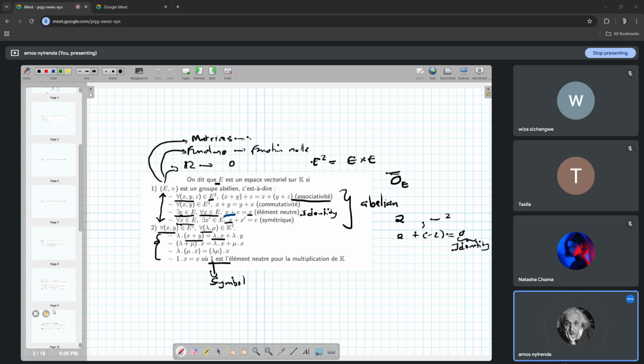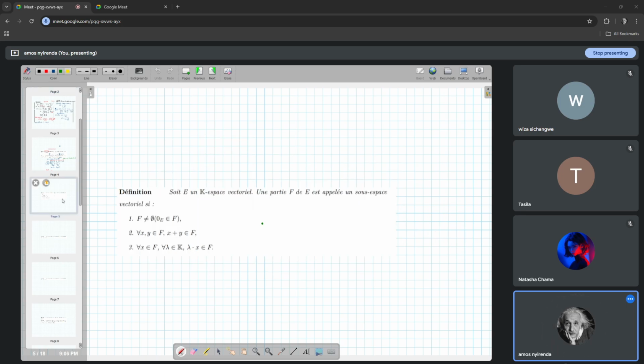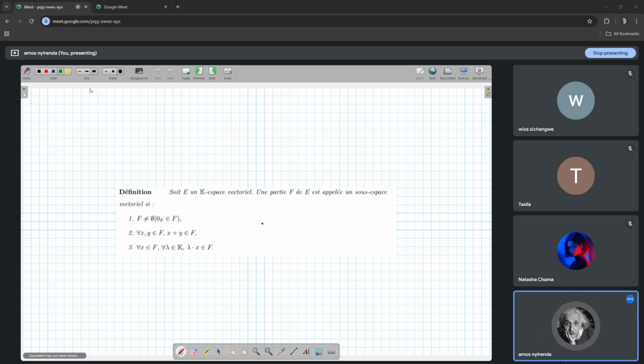So let's look at the definition of a sous-espace vectoriel.